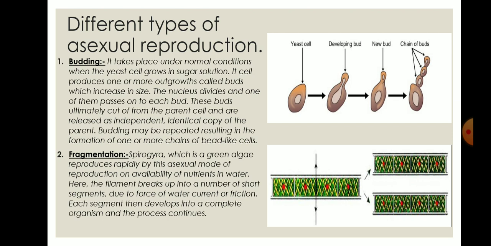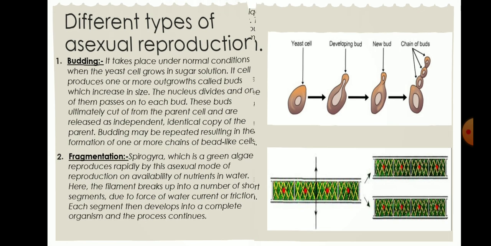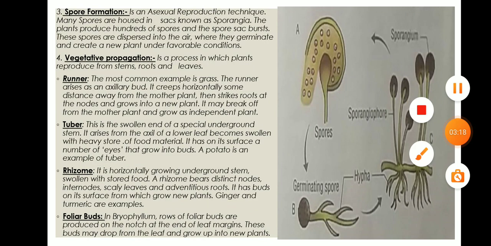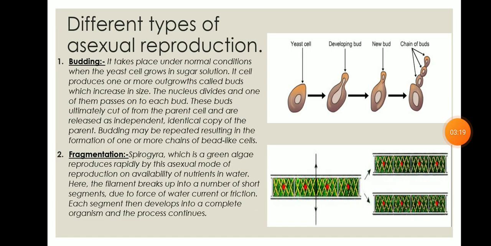Budding may be repeated, resulting in the formation of one or more chains of bead-like cells. Fragmentation: Spirogyra, which is a green alga, reproduces rapidly by this asexual mode of reproduction on availability of nutrients in water.